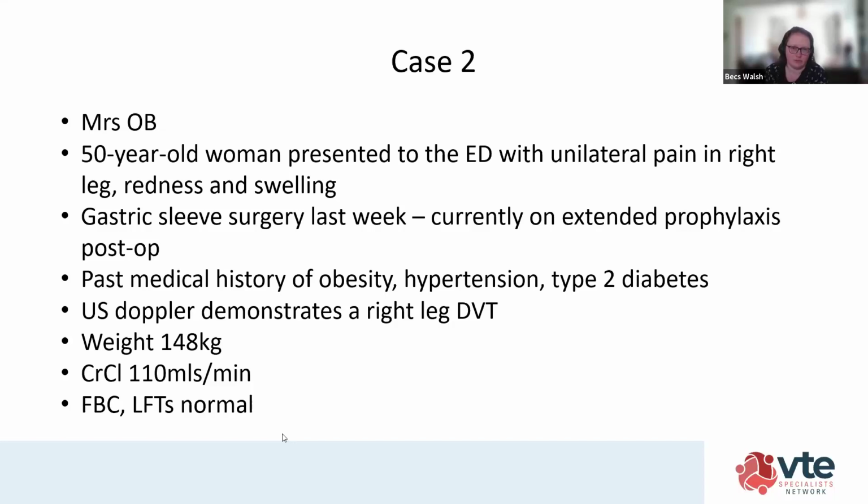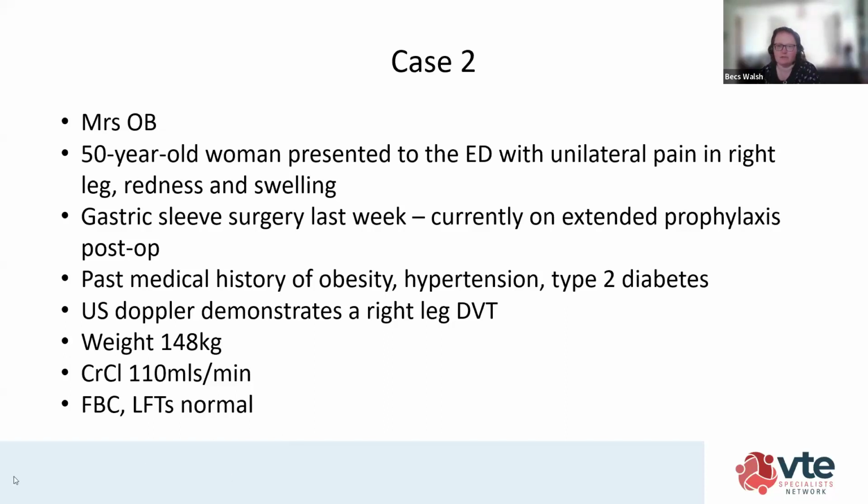We use low molecular weight heparin, I think most places do. She had a past medical history of obesity, hypertension and type 2 diabetes. A Doppler demonstrated a right leg DVT. She's 148 kilograms, creatinine clearance is 110 mils per minute, and her full blood count and LFTs were normal.